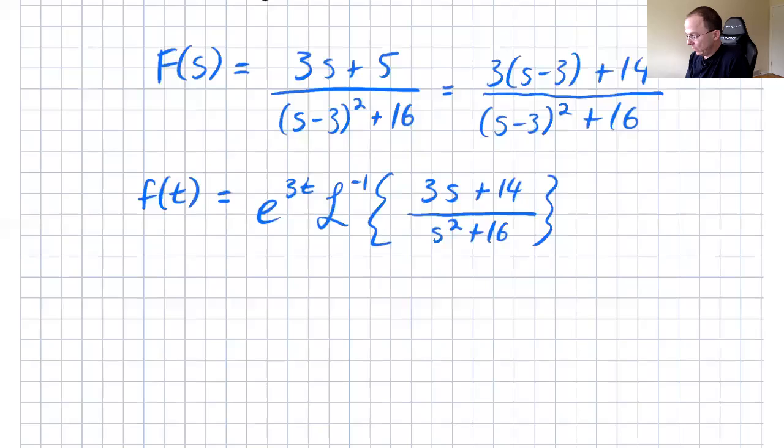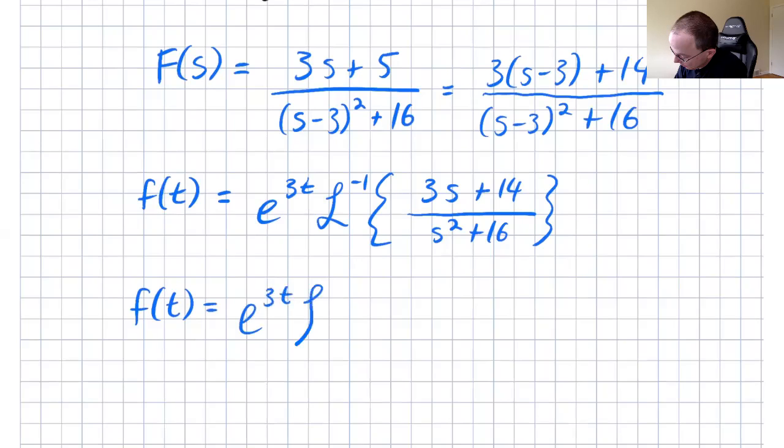Okay, so now we need to compute the inverse Laplace transform of this part here. So this is going to end up splitting up into two terms. There'll be a cosine term and a sine term. So e to the 3t times the inverse Laplace transform of 3 times s over s squared plus 16.